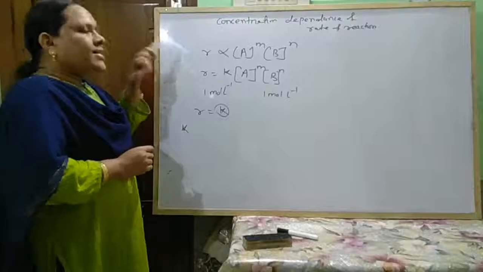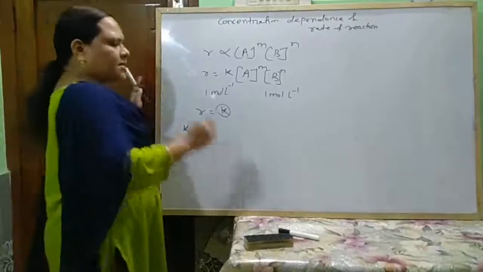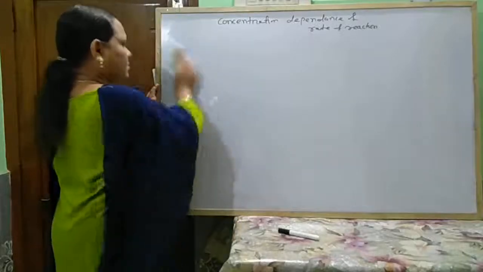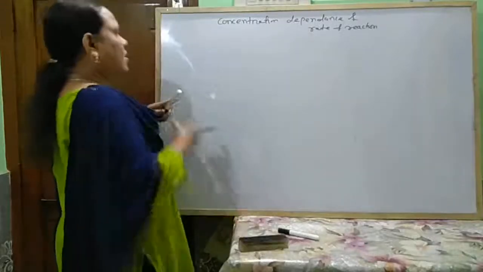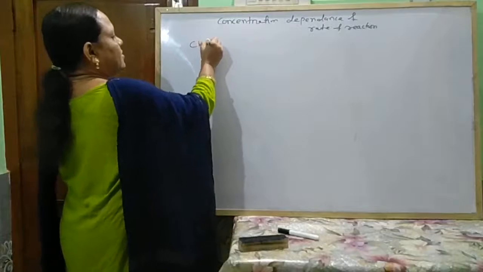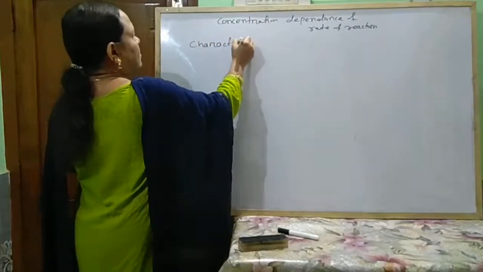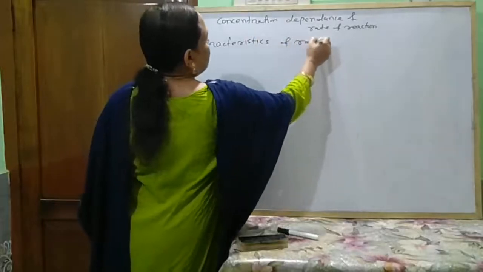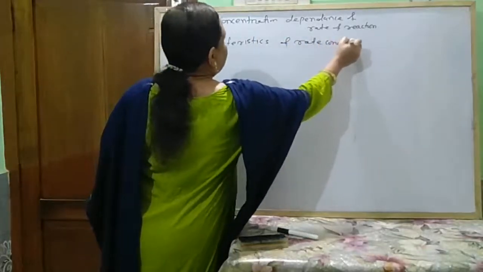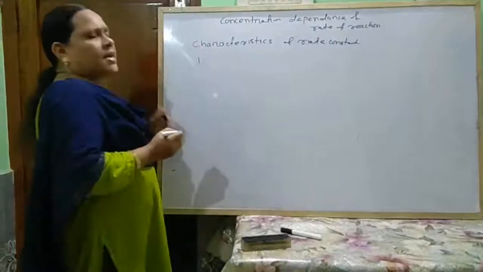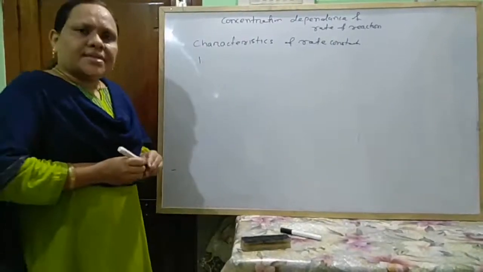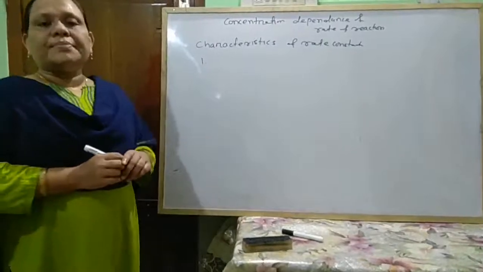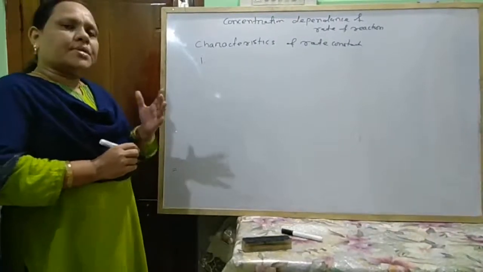Next, come to the characteristics of the rate constant. First point: the rate constant is a constant at a particular temperature for a particular reaction.